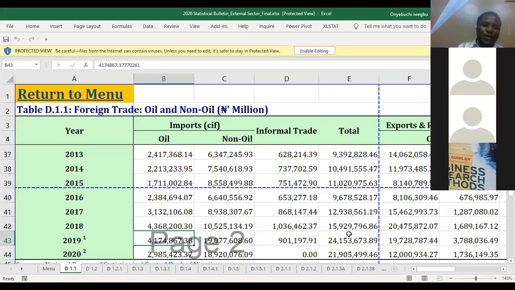So if you look at this, let me ask a question. What are the things you can say about the nature of Nigeria's import sector as an aspect of openness? What can you say looking at this data?